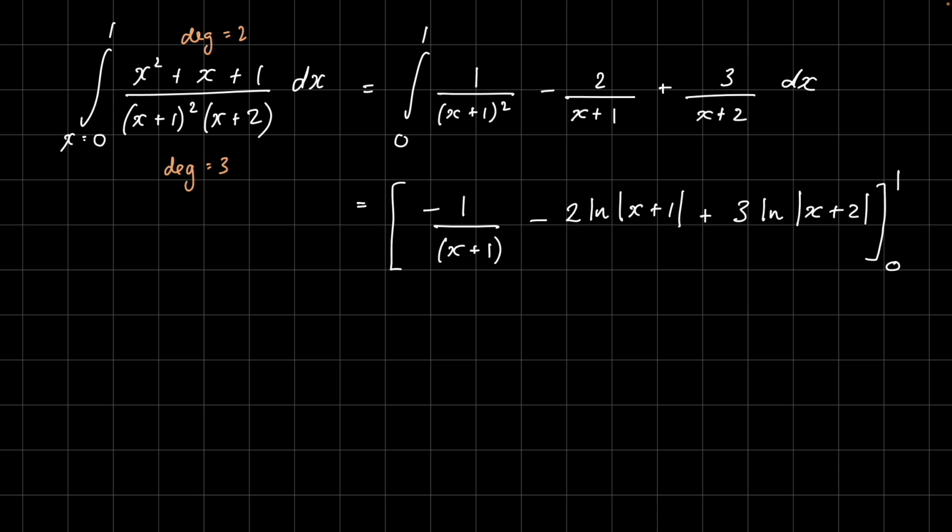Okay, we're almost there. So all we have to do now is just be a little bit careful and substitute in those values, because we are doing a definite integral. So we'll do the 1 pieces first. So it's going to be negative a half.